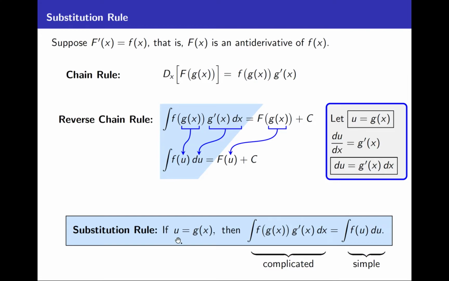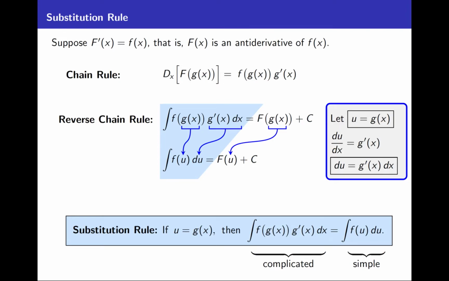The substitution rule says that if you could make a substitution u equals g of x and convert this complicated integral into a simple one, then your work might be easier. This integral of f of u du might be something that you have an integration rule for, whereas you didn't have one for this. That's the power of the substitution rule.